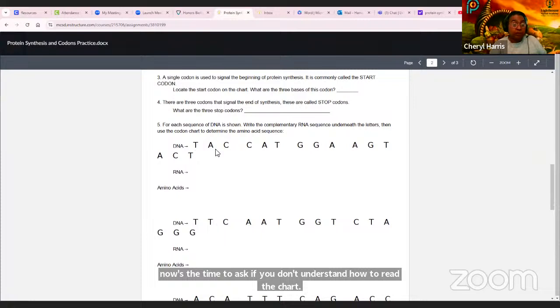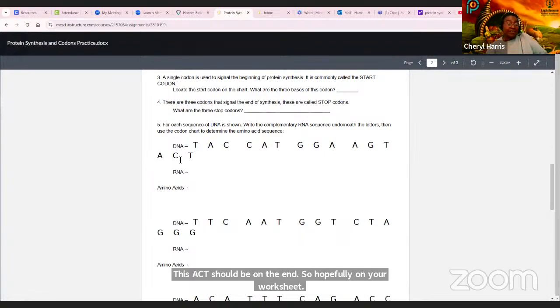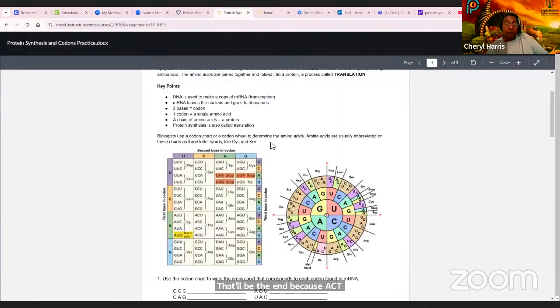Because these are all triplet codons on my worksheet. This ACT should be on the end. So hopefully on your worksheet, that'll be the end. Sorry, not ACT, that is the DNA. ACT translates to UGA, not the college, but the amino acid.